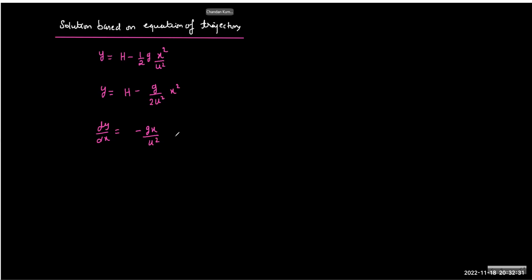And negative is representing something. It means the slope is negative, so it is an obtuse angle, and that is obvious because if we draw the trajectory, then the tangent at any point will be pointing downwards. That's why the slope is negative.